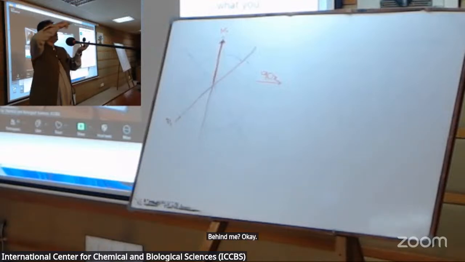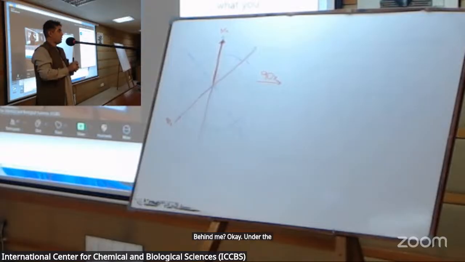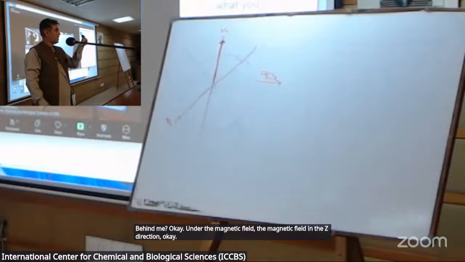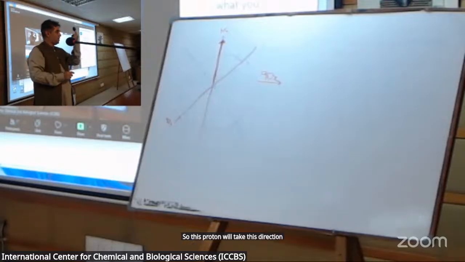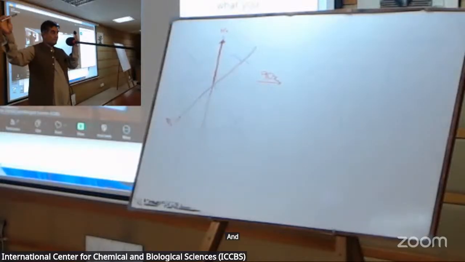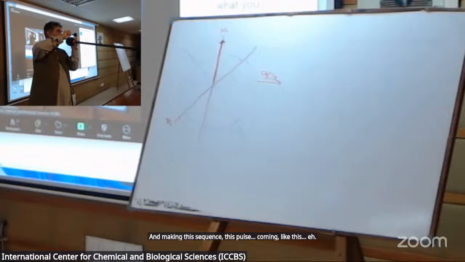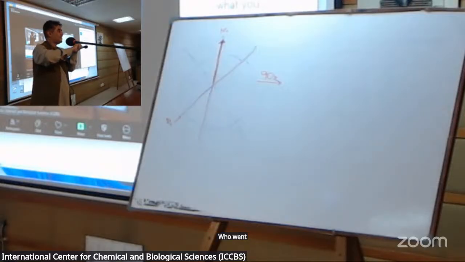Under the magnetic field, we make the magnetic field in the Z direction. So this proton will take this direction, and the pulse is coming like this. To where will it go?